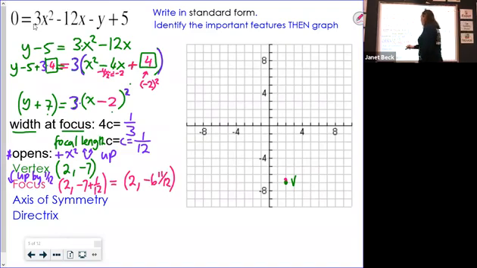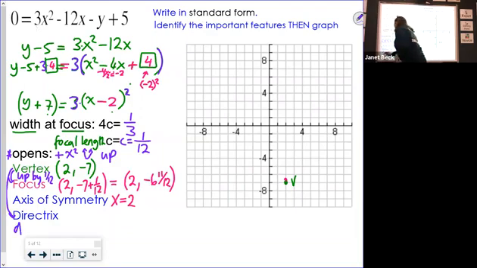My axis of symmetry, oh, that's easy. Just look at what's the same in both of them: x equals 2. Now the directrix, you get that from the vertex again. From the vertex, if I went up by 1/12 to get the focus, I'm going to go the other direction. I'm going to go down by my focal length, by c, down by 1/12.